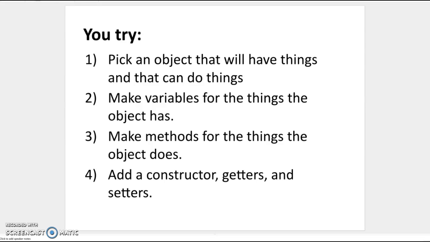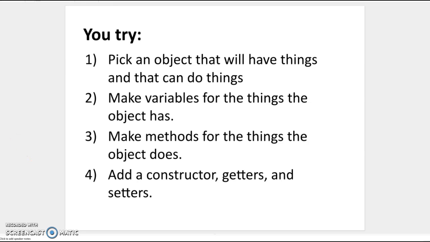Now I can put ints and doubles and strings together and make an object that has ints and doubles and strings. So start with looking in the world around you at objects that you could turn into an object template, and think about what those objects have and what those objects do. And try to get familiar with the vocab: the constructor, getter, setter, instance.